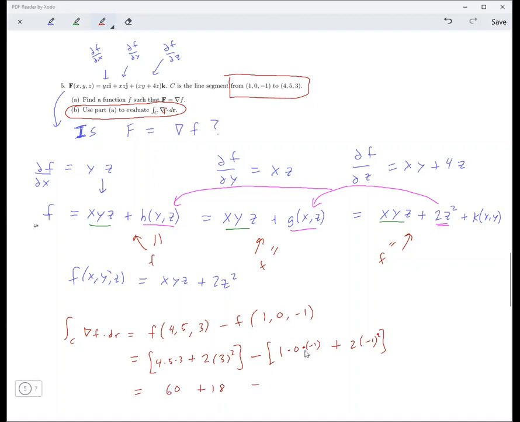This is 0, and this is 2. So 76. So that would be that. This is part B right here. Part A again is going to be this right here: xyz plus 2z squared.